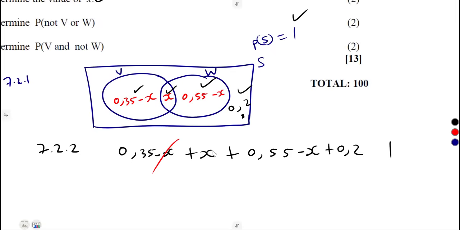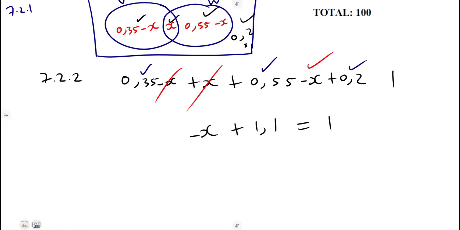So that was it. All right, minus X plus X cancels. You're going to remain with minus X there. You add the numbers together, 0.35 plus 0.55 plus 0.2. If we add this, you're going to get 1.1 minus X, which is equal to 1.